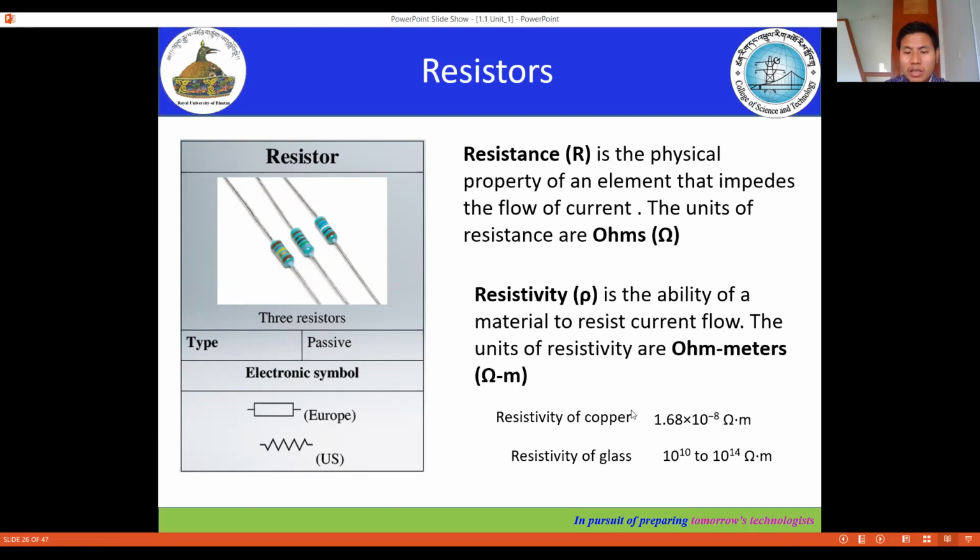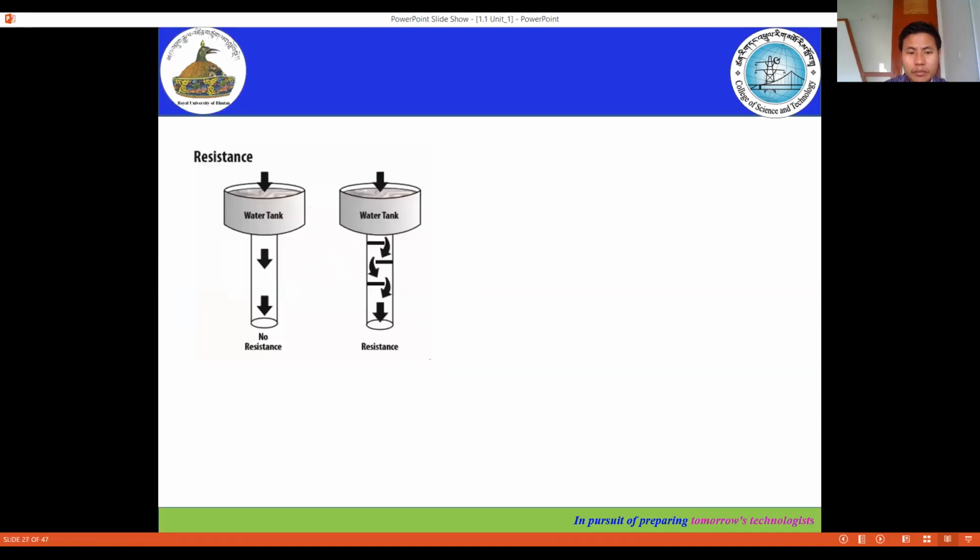If you compare the resistivity of copper and glass, we know copper is a good conductor and glass is an insulator. So glass has a higher resistivity than copper, which means glass can oppose current flow more than copper.